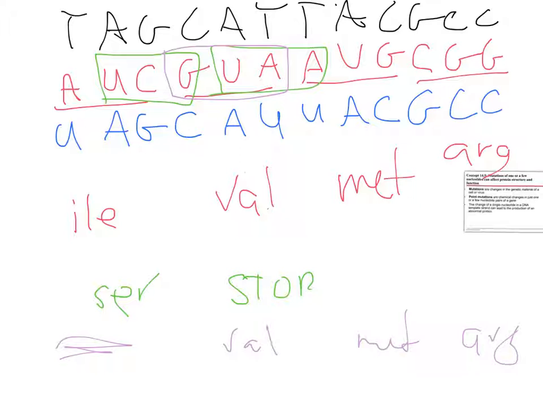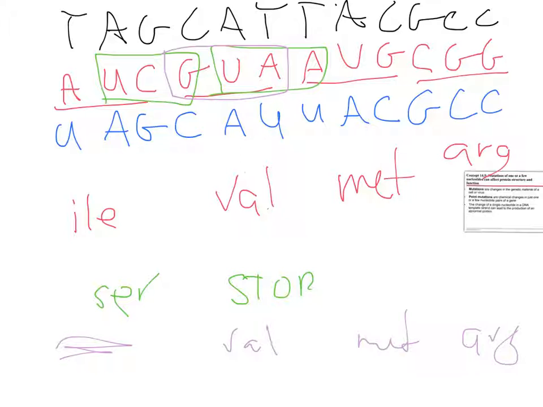Okay. The point being is that you're going to change the amino acid sequence completely. Changing the sequence of amino acids of a polypeptide changes its structure, which ultimately may change its function, good or bad. What I mean by good or bad is advantageous or disadvantageous to the cell.